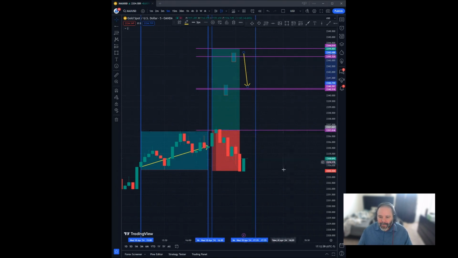So look at the importance of these areas that we mark with the rectangle. If you see the lower part of the rectangle, see how the price came down and just stopped us out, and now it's going up. See, the same here.